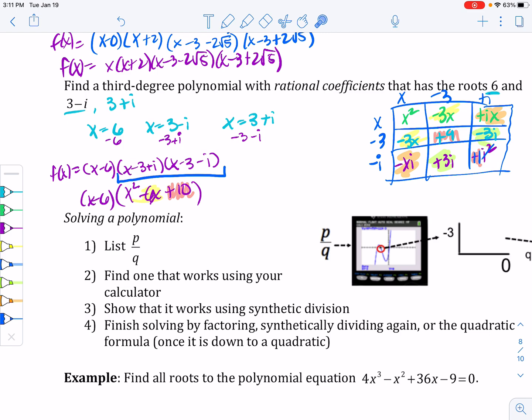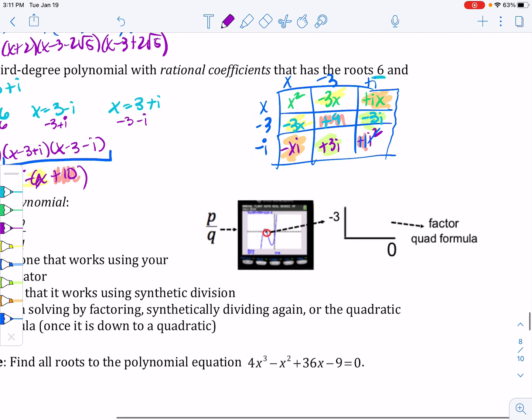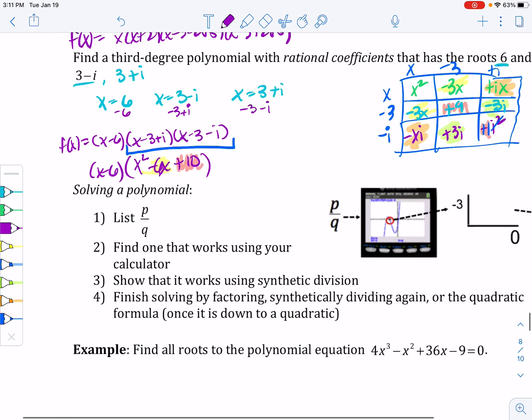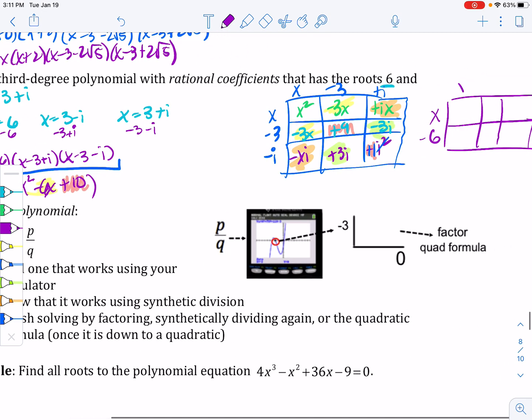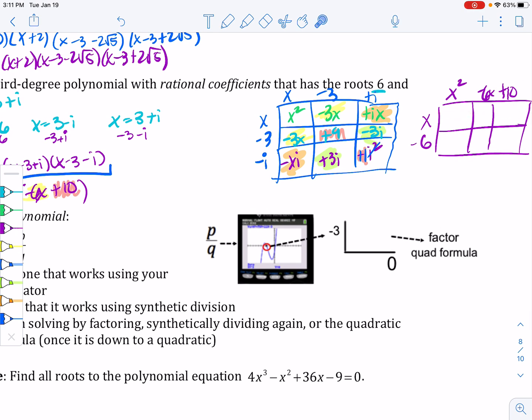So now I'm going to multiply all of these together. So I'm going to do x minus 6 times x squared minus 6x plus 10. Yes, plus 10. So again, I'm going to do my first row.